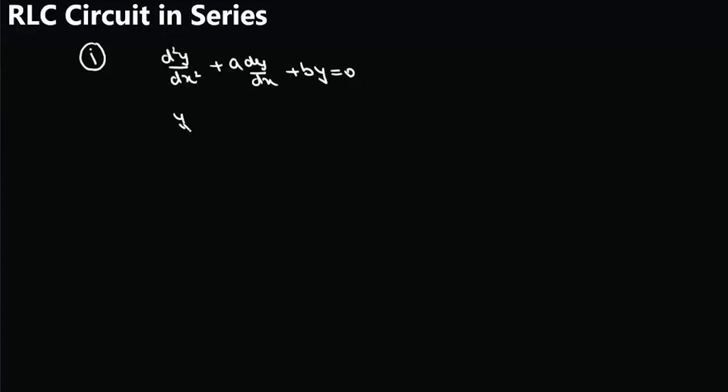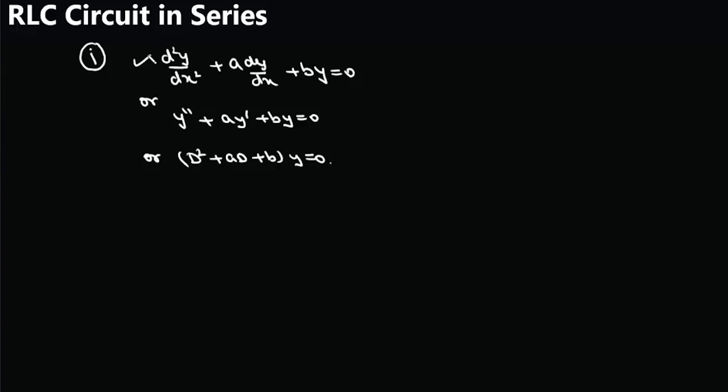At times this equation is written as y double dash plus a y dash plus b y equals to 0, or in terms of operator D, we write this as (D square plus aD plus b) y equals to 0. So any differential equation of this form is a second order linear homogeneous differential equation.